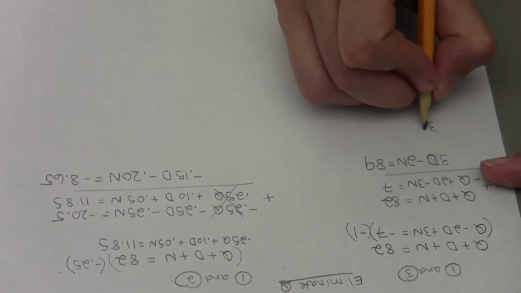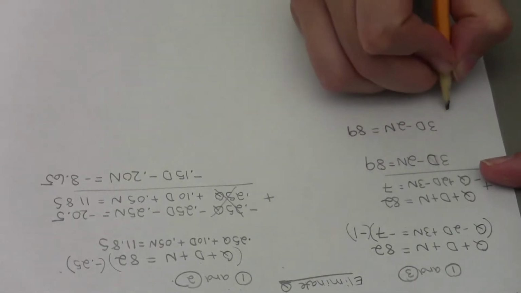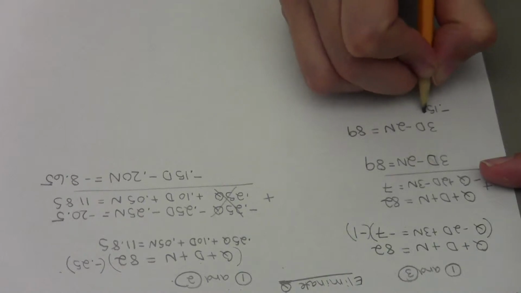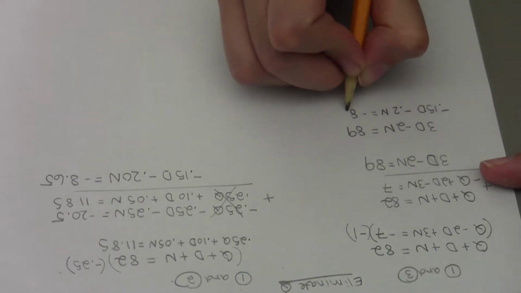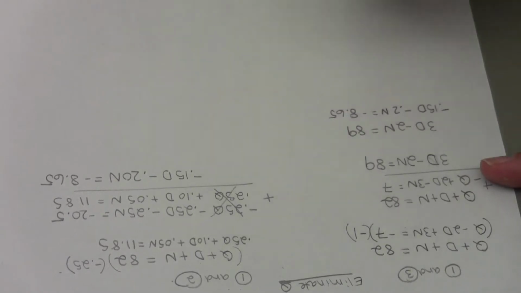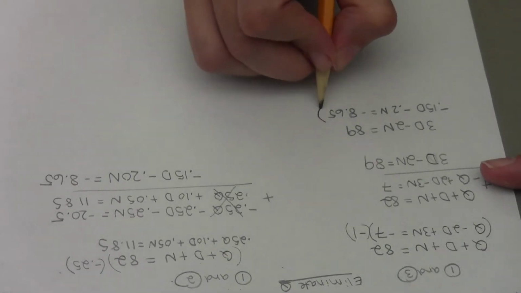Now I've created two variable equations, so I want to pair those together. So I'm pairing my 3D minus 2N equals 89 with negative 0.15D, negative 0.2N, negative 8.65. I need to decide, should I eliminate my D's or my N's? I think I'm going to eliminate my N's. So I'm going to multiply the bottom equation.